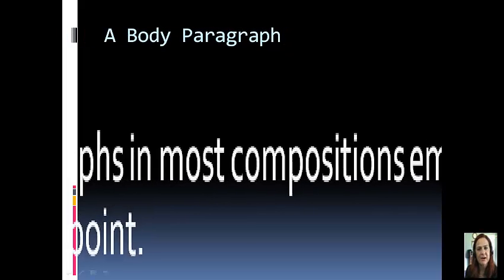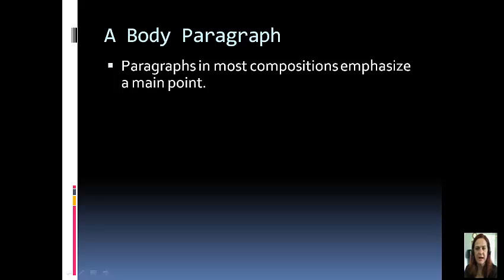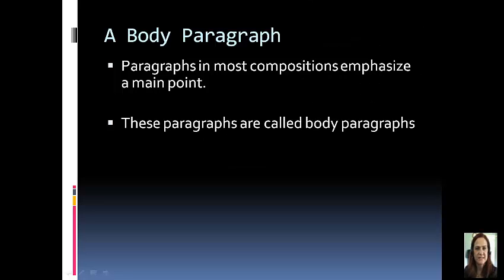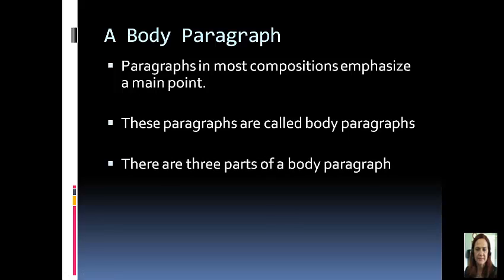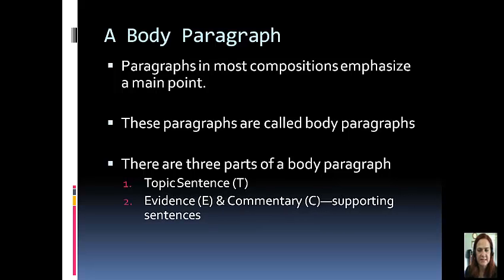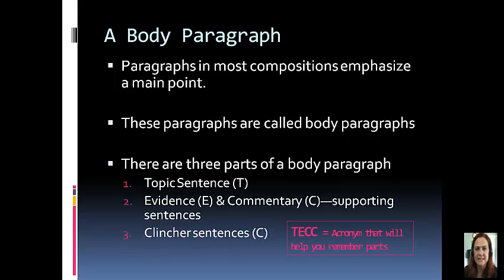A body paragraph, when it's combined with others, are the paragraphs in composition that emphasize a main point. These paragraphs are called body paragraphs. There are three parts of a body paragraph: the topic sentence, the evidence and commentary, which are supporting sentences, and the clincher sentence.